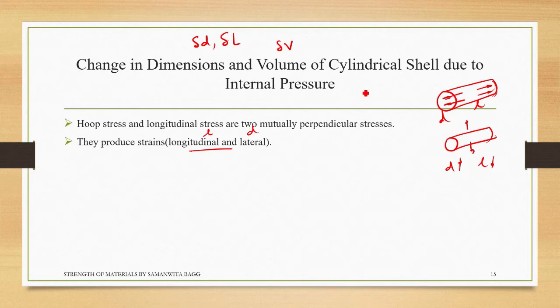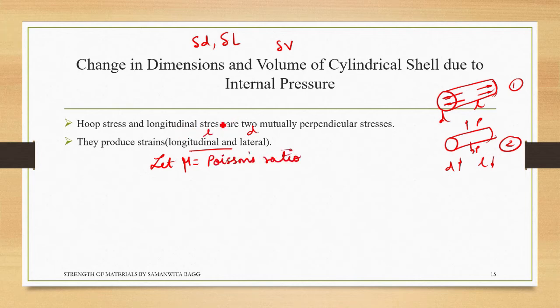Along that direction, for example L in the first case, L becomes longitudinal and D becomes lateral. For the second case I have drawn, length becomes lateral and diameter becomes longitudinal, because that is the direction in which you are applying your load. So we also have two cases. Let's say mu is the Poisson's ratio that we are going to use.